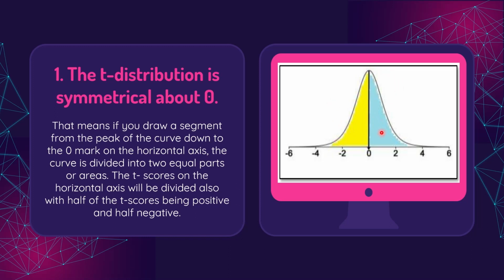The t-scores on the horizontal axis will be divided also with half of the t-scores being positive and half negative. So it's like a normal distribution, di ba? When we say symmetrical, it divides the distribution into two equal parts. So if this is 50%, automatically the other side will also be 50%.